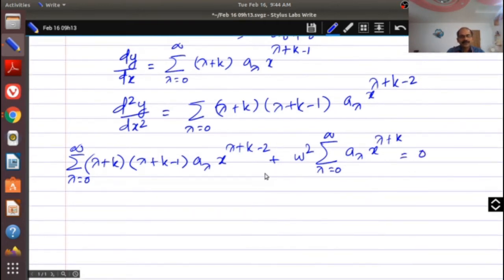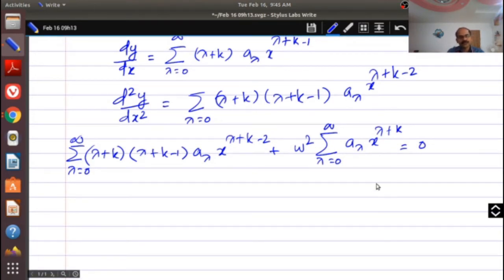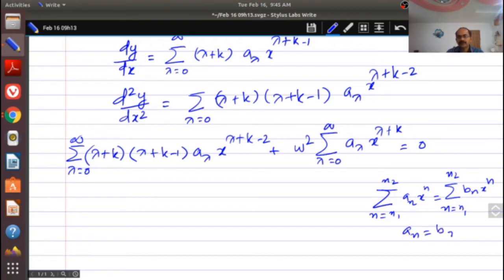See, essentially this is two series now, and what we are going to say is this: if I have two series, n running from n1 to n2, summation a n x raised to n is equal to n running from n1 to n2 summation b n x raised to n, then it is easy to show that a n for every n is equal to b n.